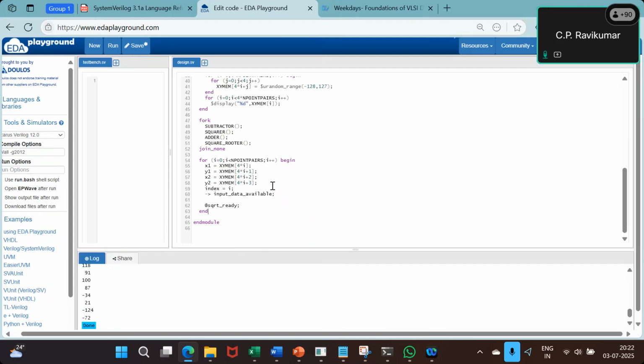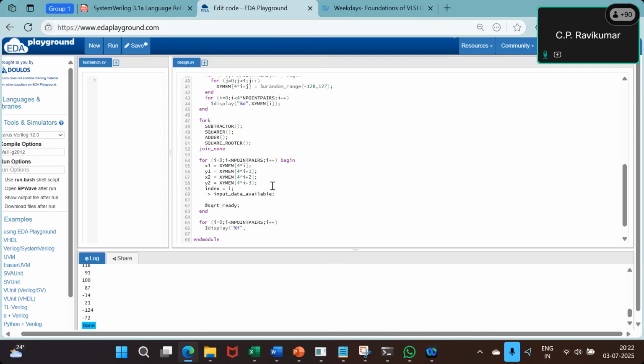Then at the end, we have to possibly display everything. For I equal to 0, I less than n points, I plus plus, and display.